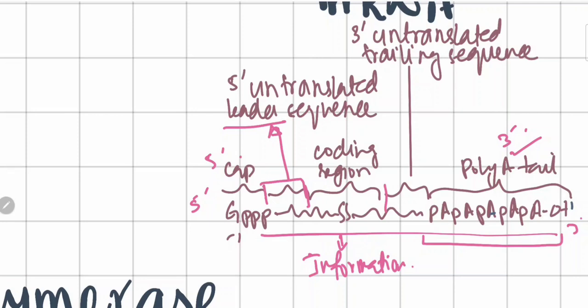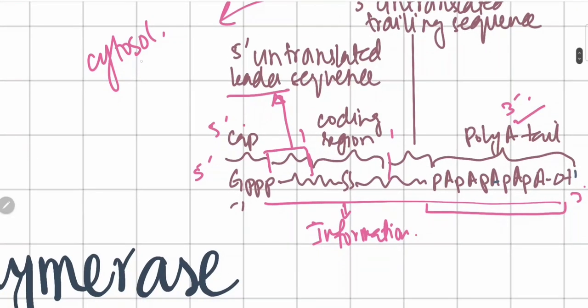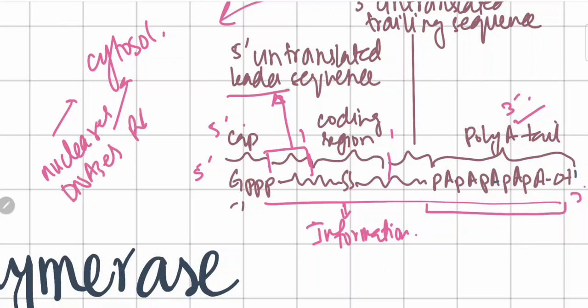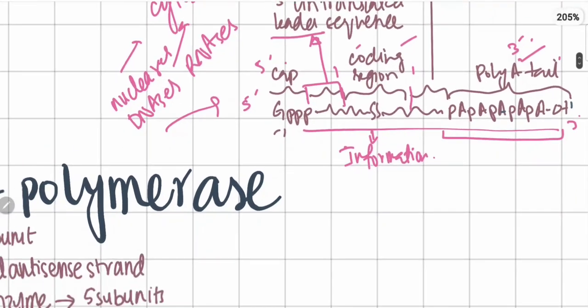All of these features are there to protect the coding region so that important information is not lost. As you know, this mRNA has to travel into the cytosol, and in the cytosol there are going to be a lot of nucleases, DNases and RNases that might attack it. So this cap, this poly A tail, and the untranslated regions protect the coding region from getting damaged.